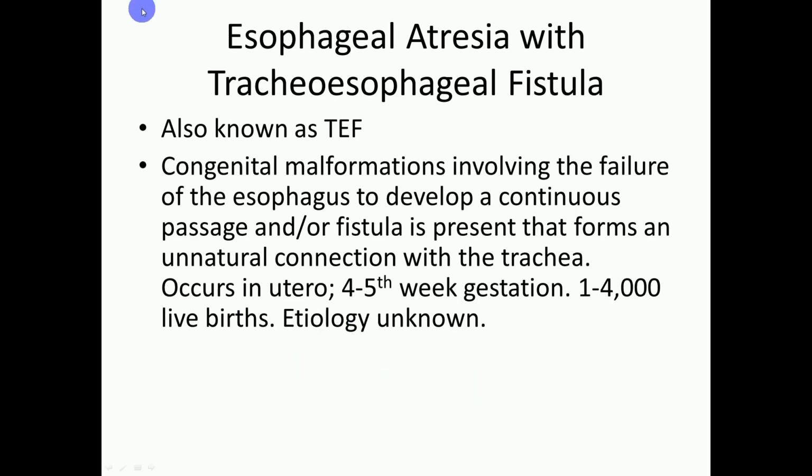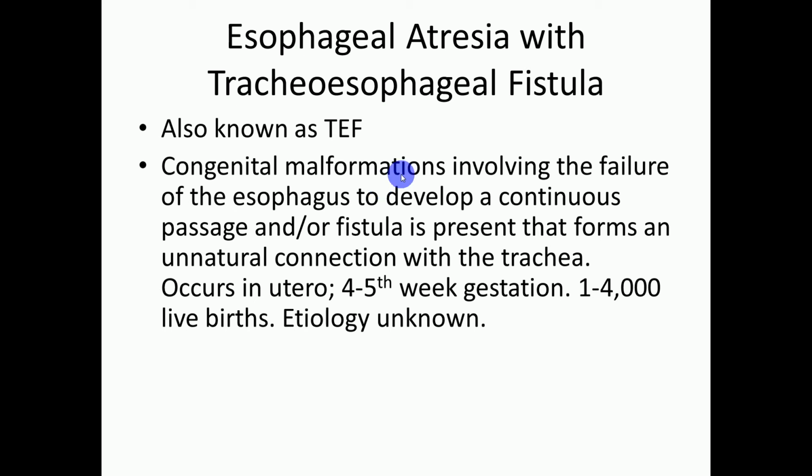All right, what about esophageal atresia, also known as EA, with a tracheoesophageal fistula, also known as TEF? These are congenital malformations that involve failure of the esophagus to develop a continuous passage, therefore atresia. Esophageal atresia does not connect all the way through.